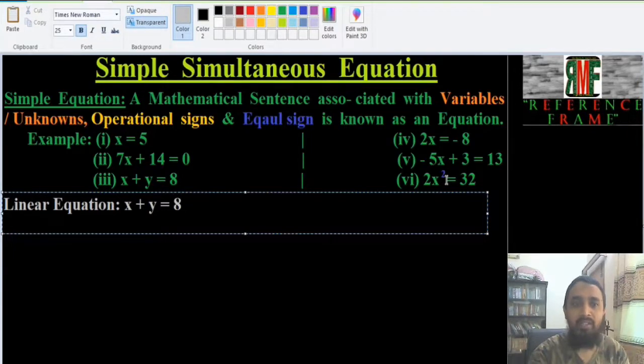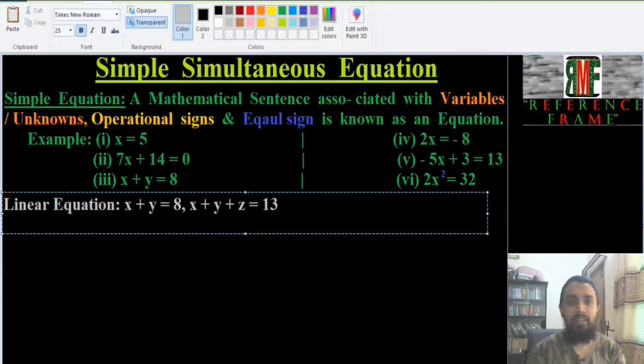The number of variables can be more, suppose x plus y plus z is equal to 13, that doesn't matter. There are 3 variables, but look, the index is 1, 1, 1. So this is a linear equation.